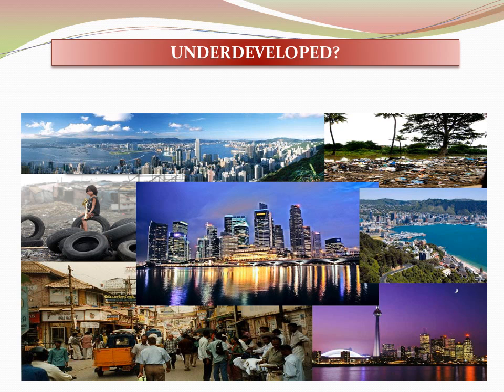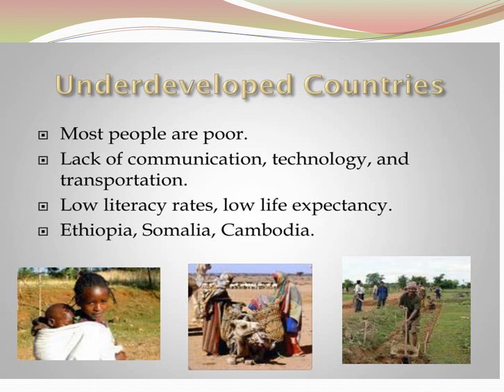Which says that businesses are not producing, and whether a country is developed or not. So how do we rank the developed countries? Most people are poor, so poverty is a factor, as we mentioned earlier. Lack of communication, technology, and transportation. We already mentioned the factor of access to technology. And then, of course, when we talked about standard of living and quality of life, we talked about access to public utilities, which is communication and transportation, and also lighting or power, electricity.